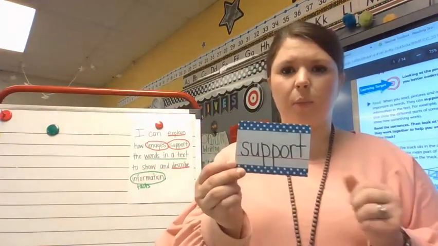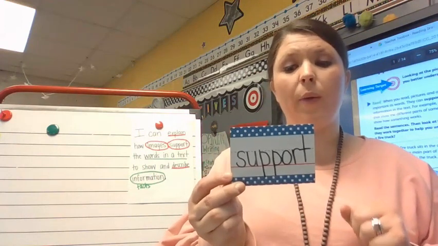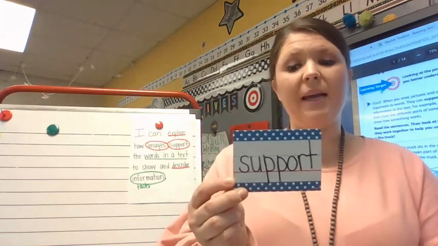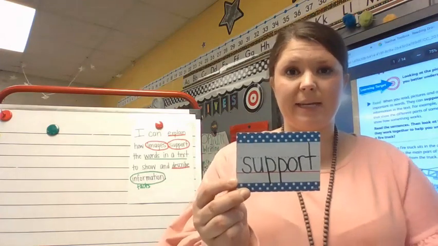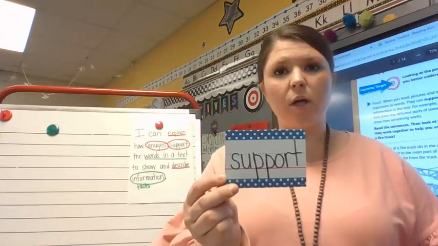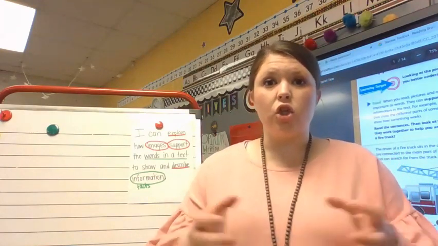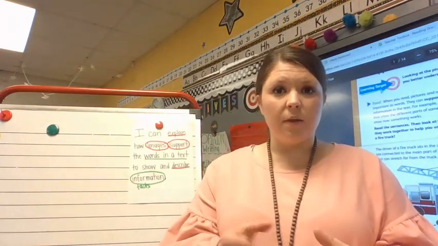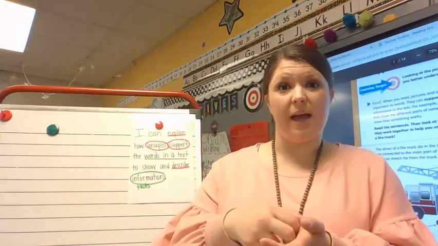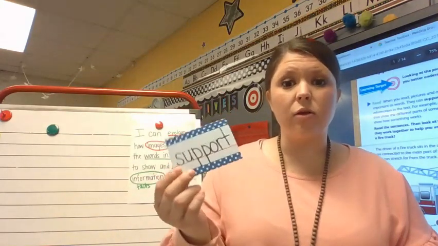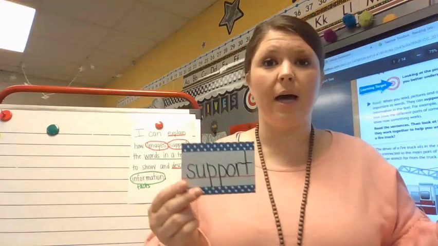Let's look at that word support. Support means to help explain or provide evidence for a main idea in a text. So when I think of the word support, I think about the legs on a chair. The legs on the chair support the top part of the chair where we sit. So in turn, the legs are supporting us. They're holding us up.